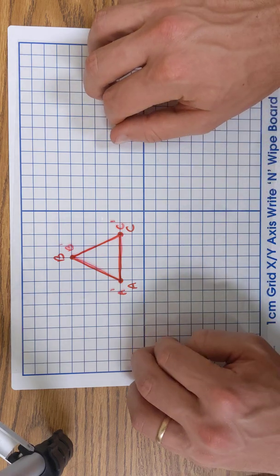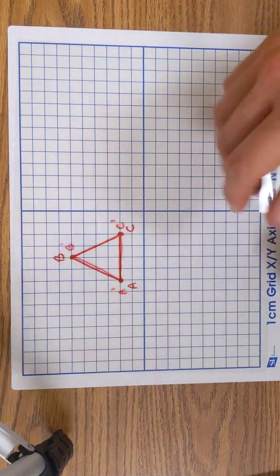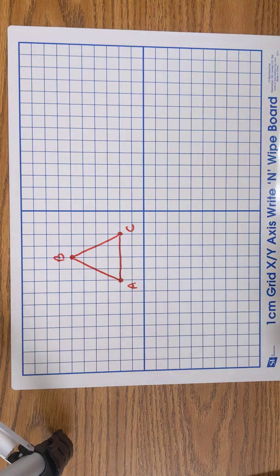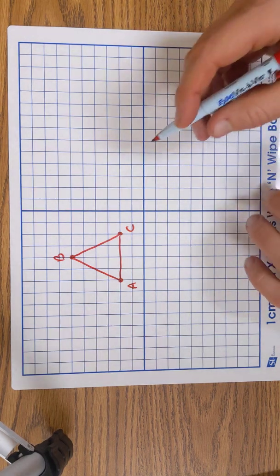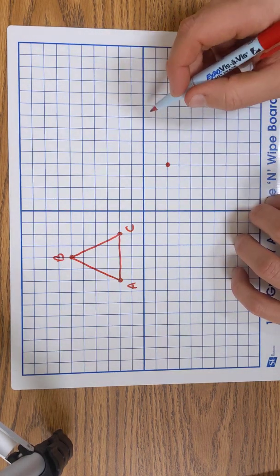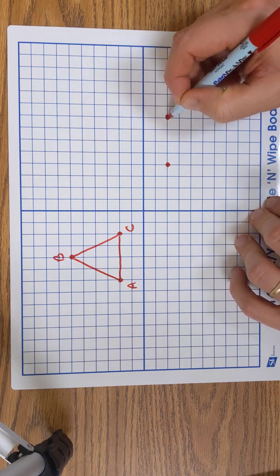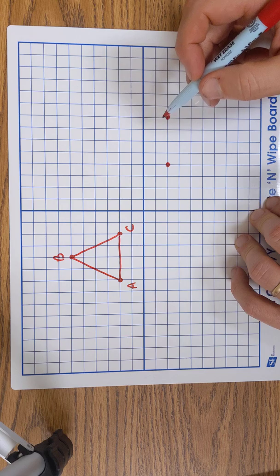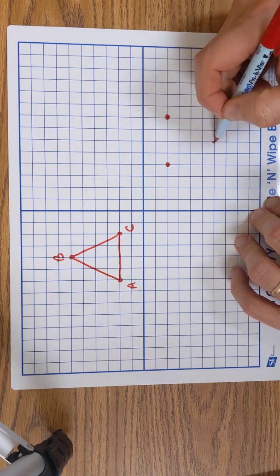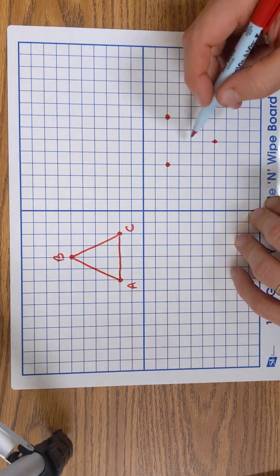So how do we use this to prove that two triangles are congruent? Well, if I start with two triangles, let's get another one going. I'm just going to draw another one here.